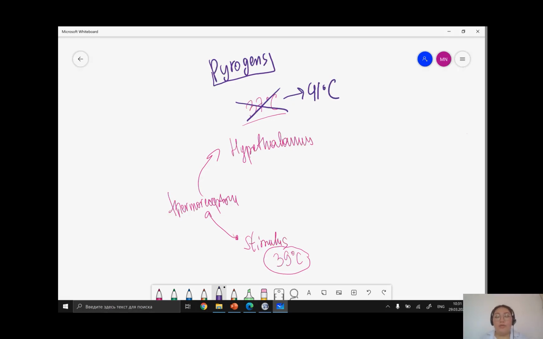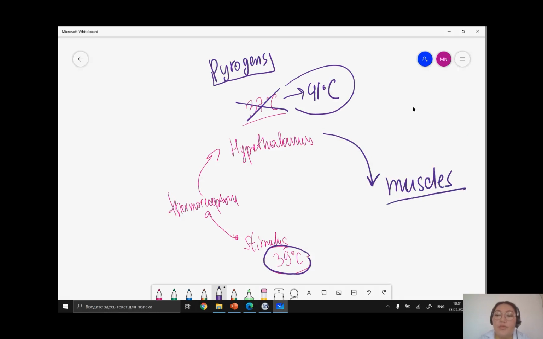So the hypothalamus will detect the 39 degrees of Celsius, which is actually already increased temperature, yes. But in this particular case, the pyrogens have changed the set point. That's why it considers that 39 degrees of Celsius is decreased temperature, and that's why it sends the signal to the muscles.